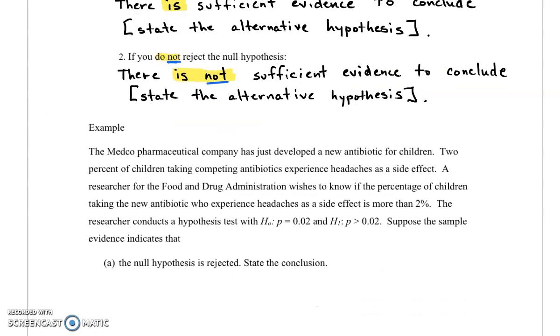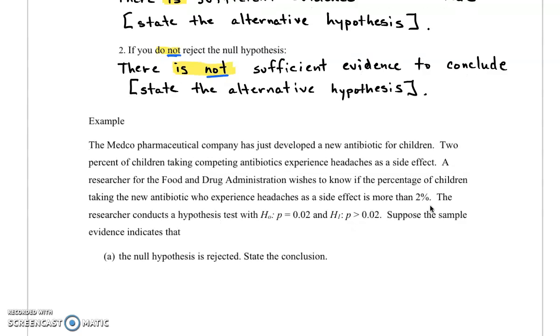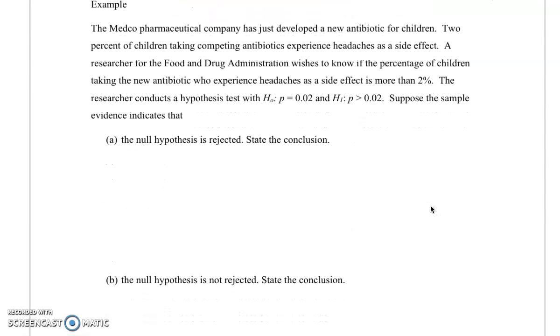So let's do a couple examples. The Medco pharmaceutical company has just developed a new antibiotic for children. 2% of children taking competing antibiotics experience headaches as a side effect. This is the same problem we've done several times before. Suppose the sample evidence indicates the null hypothesis is rejected.